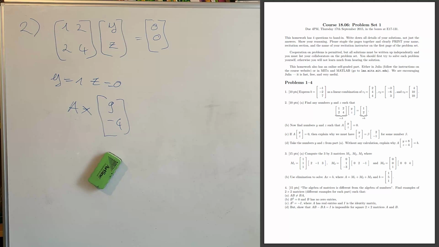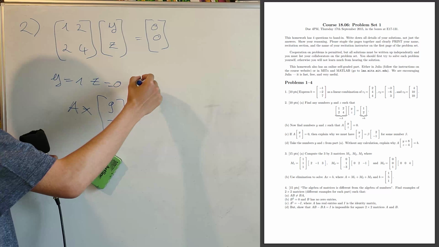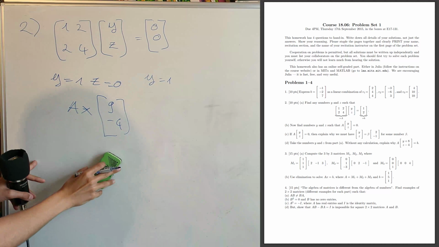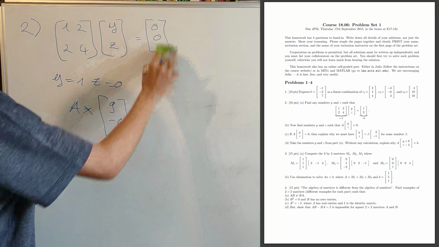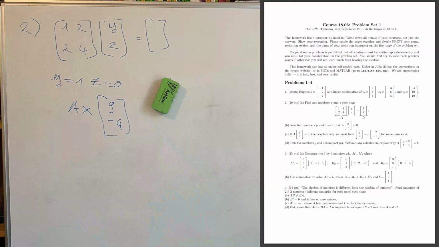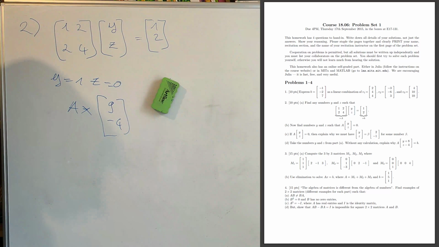Because, as we saw earlier, so if y equals 1, it needs to be equal to B, and let's rewrite B, which was 1, 2. Explain why this equals B without calculations, but that's hard.